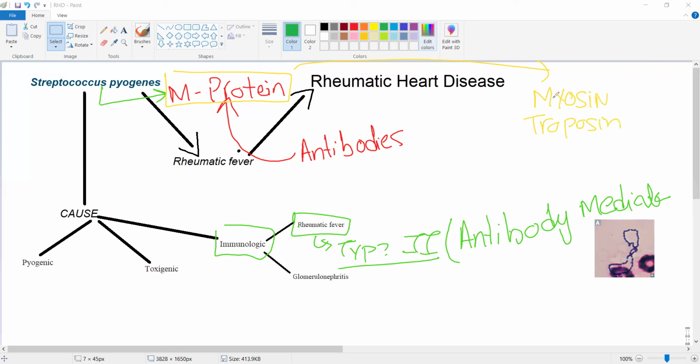So these antibodies do not destroy only the M protein, they also destroy myosin and tropomyosin because of structural similarity, and this phenomenon is known as molecular mimicry.